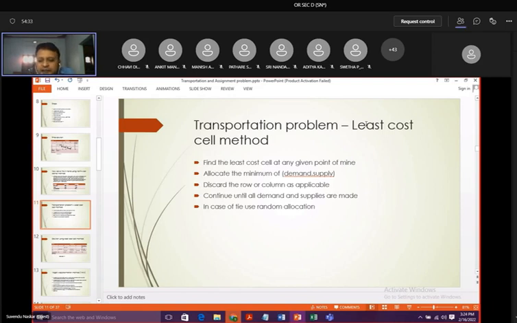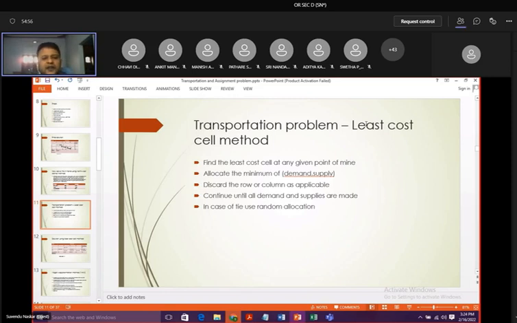If suppose for a particular cell your supply constraint says 100, your demand constraint says 250. If you allocate 250 on that cell, 250 is greater than 100, so it violates your supply constraint. However, allocating 100 does not violate the demand constraint.